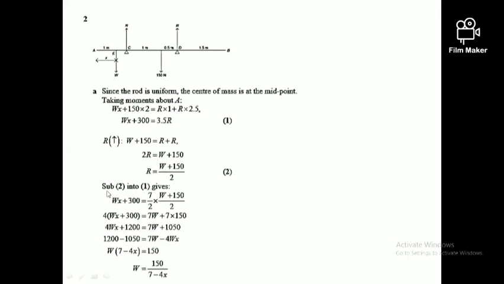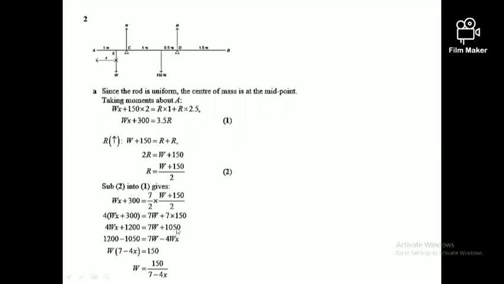With that, 2 into 2 is 4, so I can draw this 4 to the other side. 4 times (Wx plus 300) equals 7W plus 7 into 150, which is 1050. If you simplify this, 4 into Wx is 4Wx plus 4 into 300 is 1200, equals 7W plus 1050.